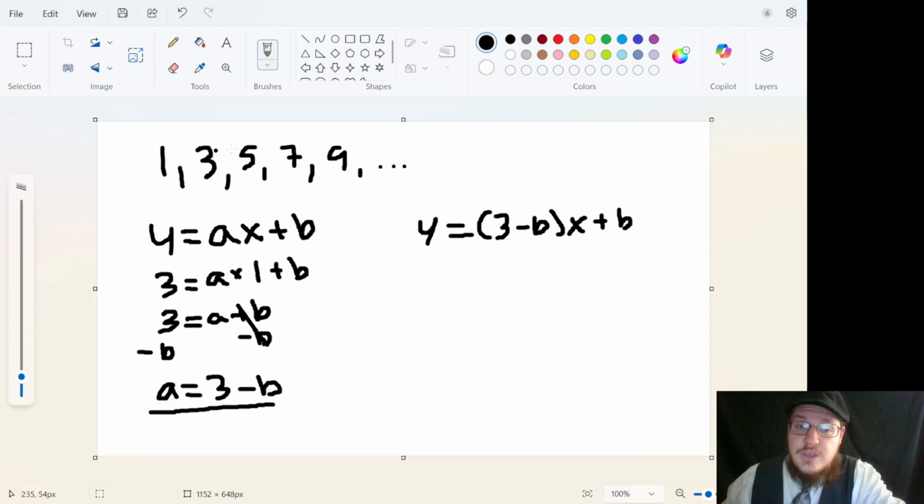Now, like I said, we're using the next two numbers, so 3 and 5.